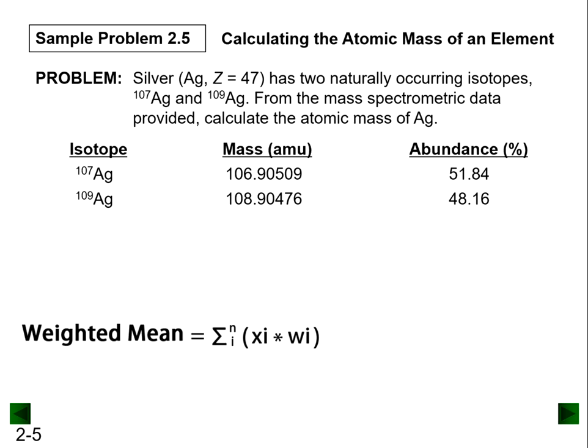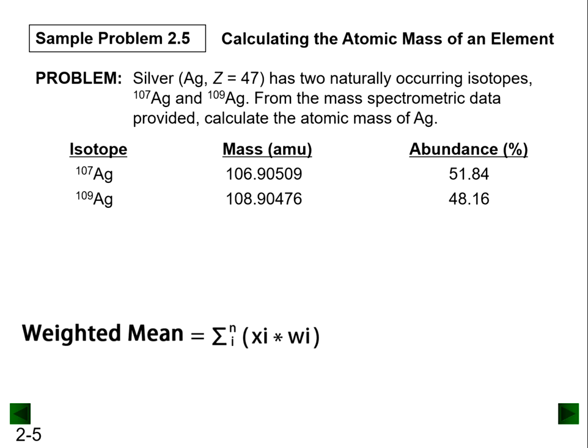Now, when we have a sample of silver, the atomic mass can be determined by coming up with a weighted mean for the various isotopes. And the weighted mean equation is shown in the lower left-hand corner.